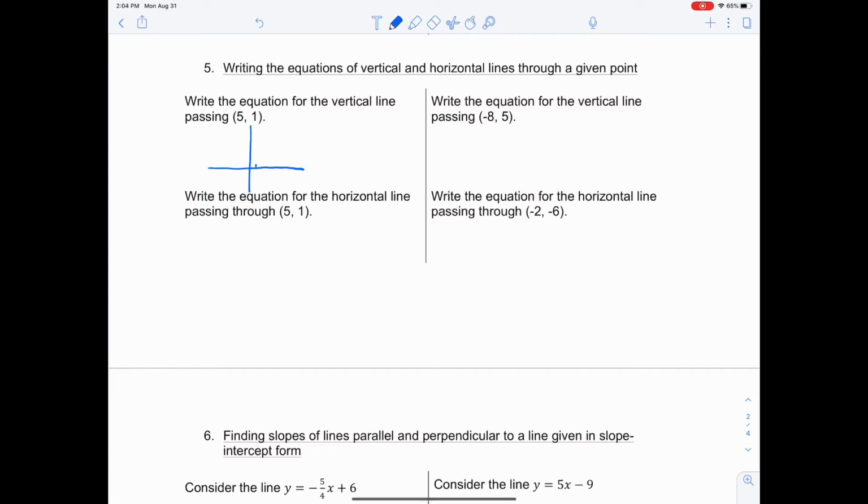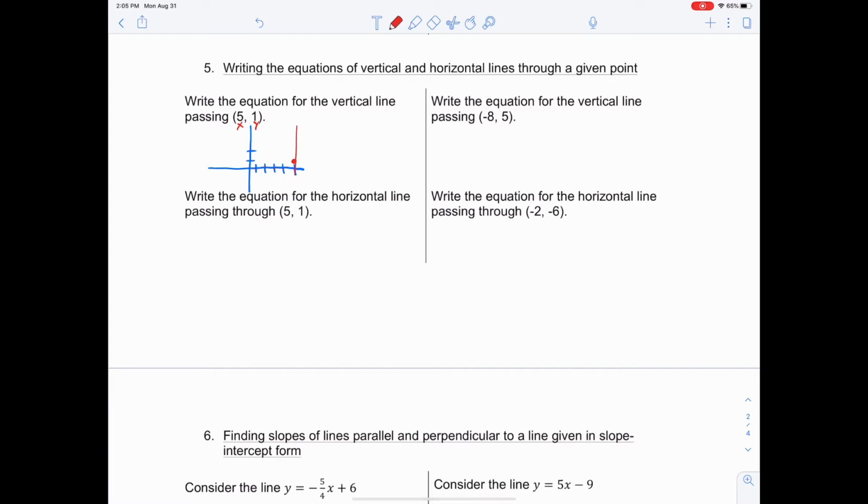So this is 1, 2, 3, 4, 5. 1, 2, just to give an example. So this is my x, and that's my y. So my x is 1, 2, 3, 4, 5, and then up 1. It's right here. So what this is saying is that my line is vertical, right?